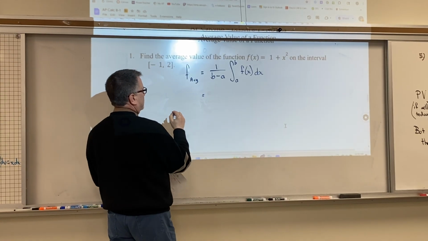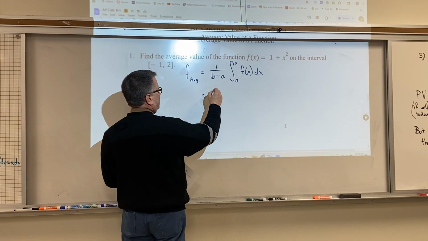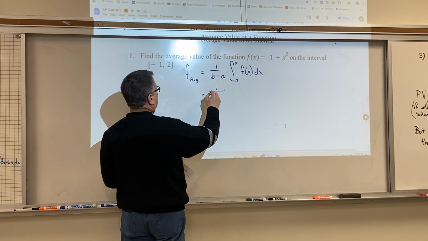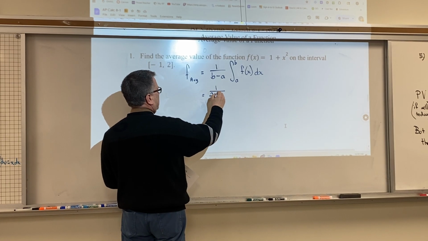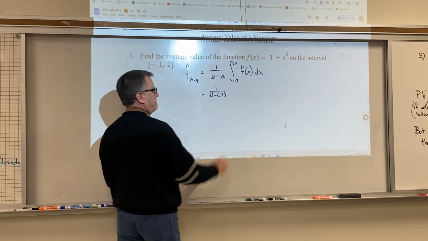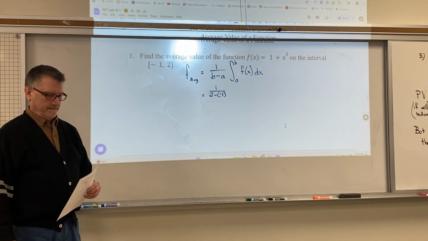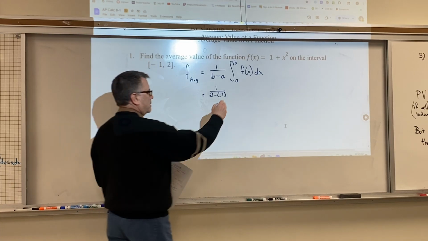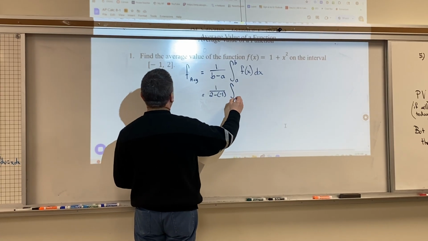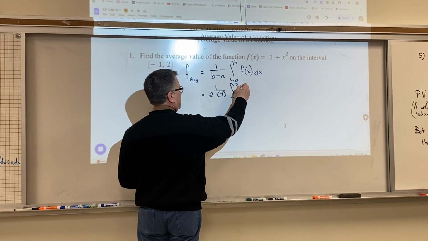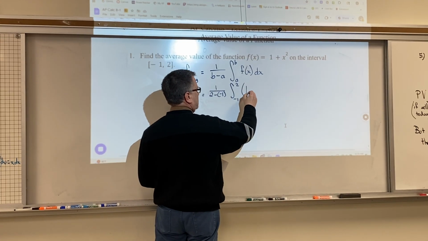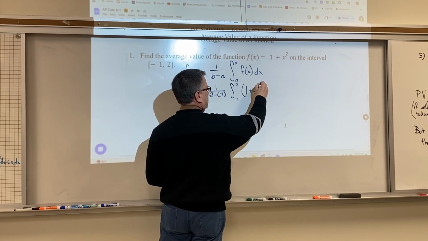So using our values and our function here, we're going to have 1 over 2 minus -1, times the integral from -1 to 2 of 1 plus x squared dx.